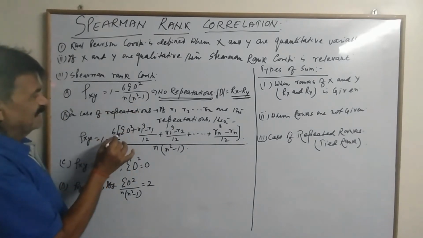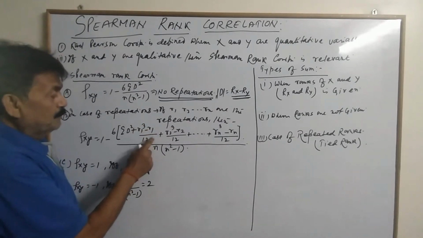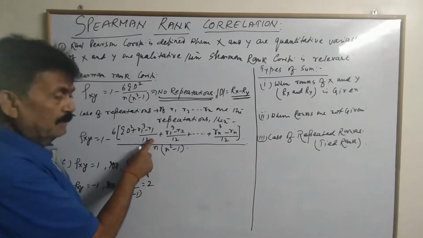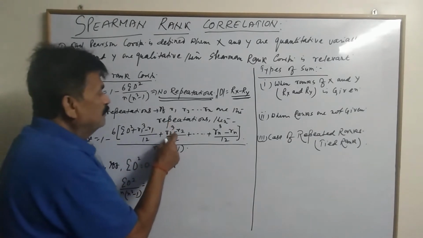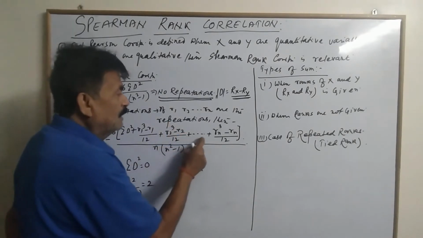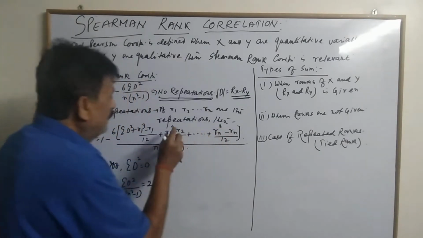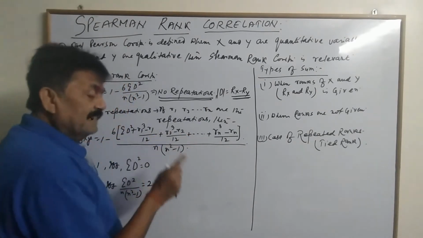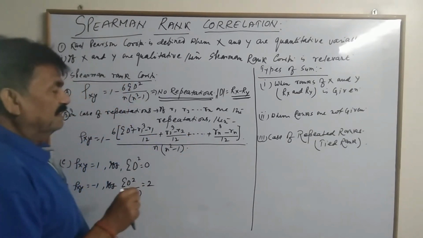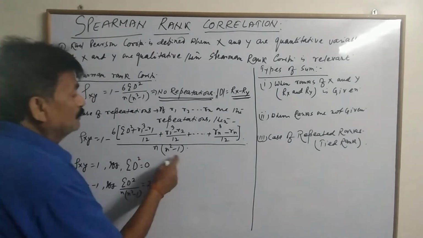So it is 6 summation d square plus (r1 cube minus r1)/12, 12 being a part of the formula, plus (r2 cube minus r2)/12, and so on up to (rn cube minus rn)/12. How many components are used depends upon the number of repetitions in the given sum, and this is divided by n into n square minus 1.